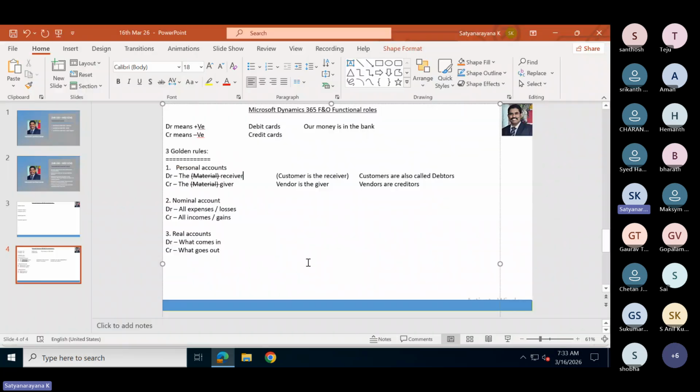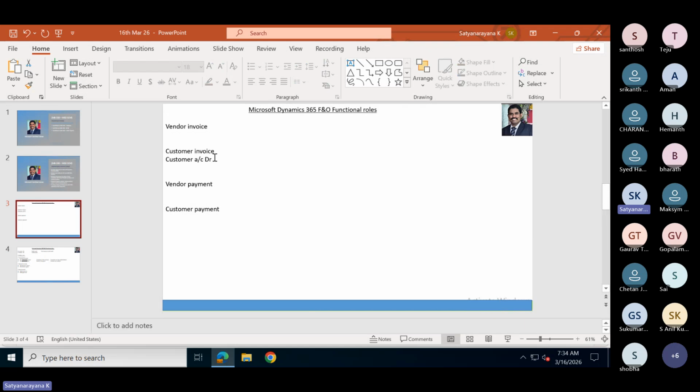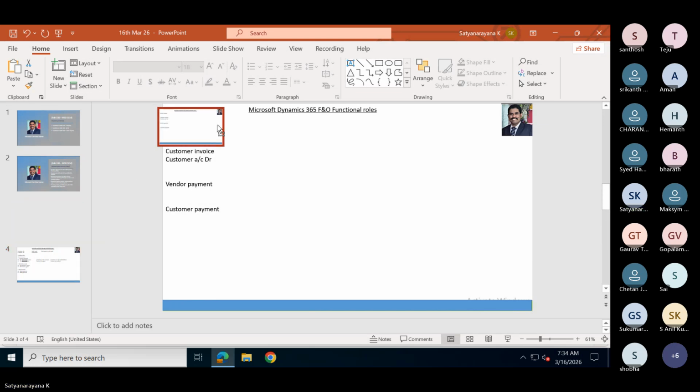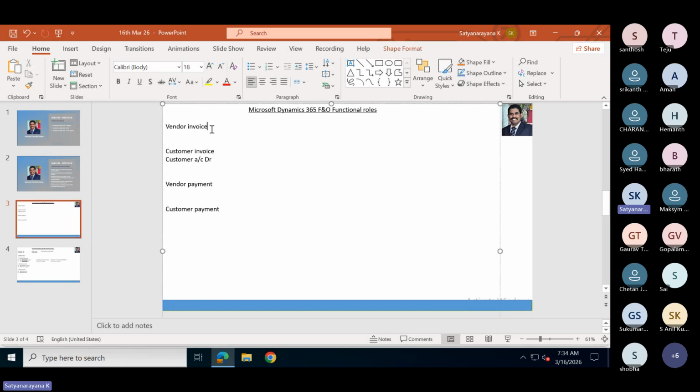So the customer is the receiver, and customers are also called debtors. So at the time of customer invoice, customer account will be debited. At the time of vendor invoice, the vendor is the giver. Who is giving? Vendor. So vendor account credit.